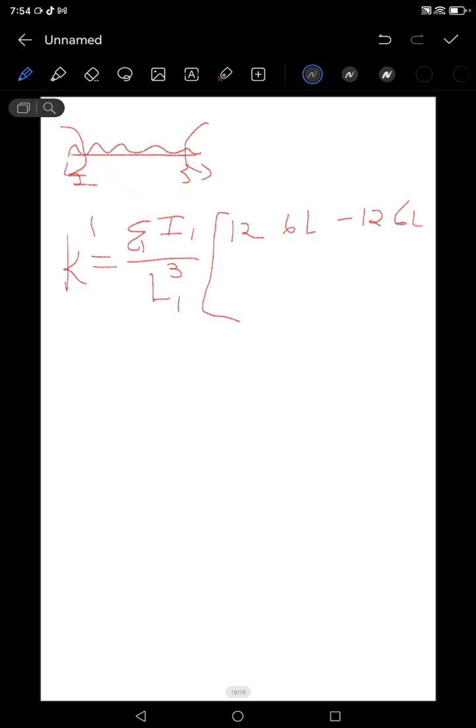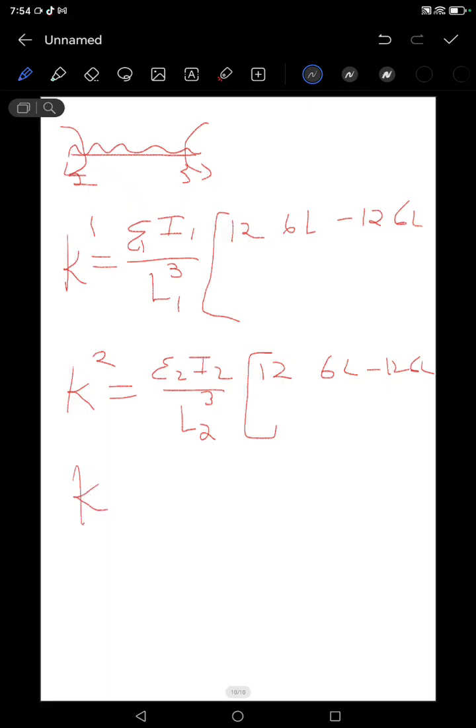And also on K2, we're still going to have the same E2 I2 over L2 cubed, and then that formula. After here, you're going to substitute the values and get the global stiffness like this. Okay, after global stiffness, remember, what are we going to do?